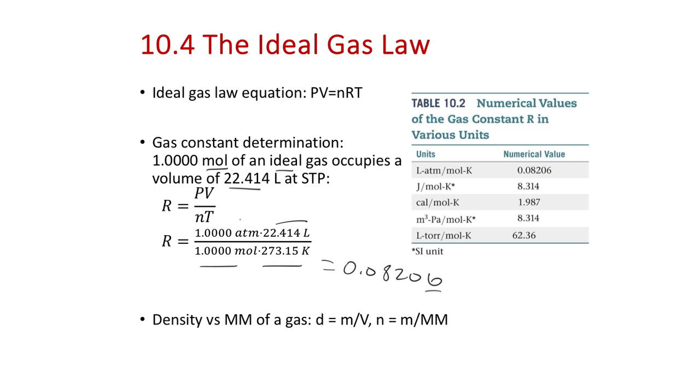Maybe I'll go to 5 here, 0.082057, since all these do have 5 sig figs. And the units here would be liter atmospheres over mole Kelvin. And so this is how we derive the ideal gas constant: 0.082057 liter atmospheres per mole Kelvin.